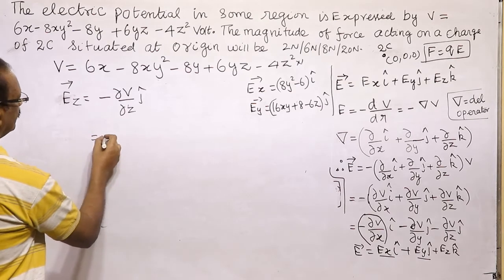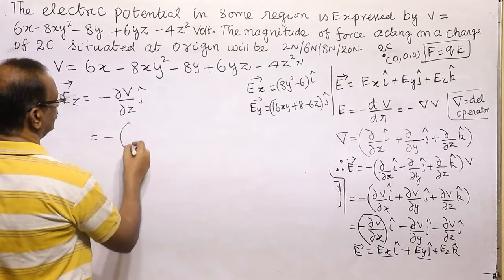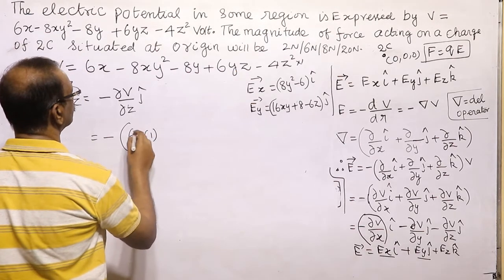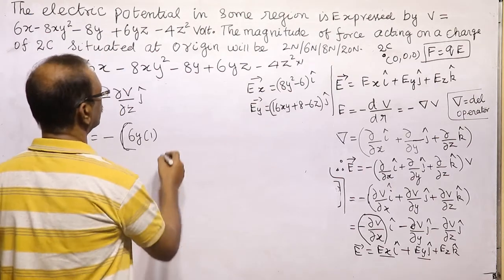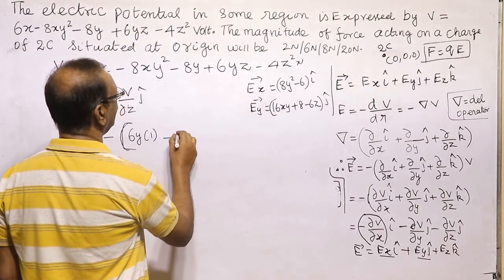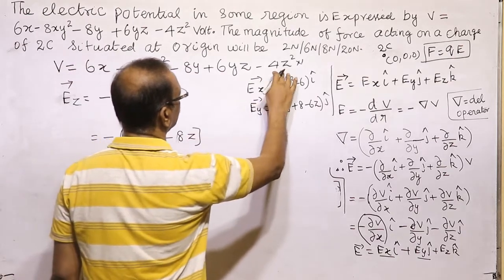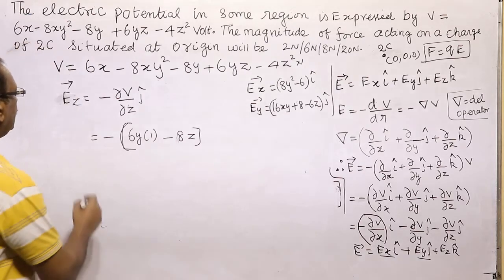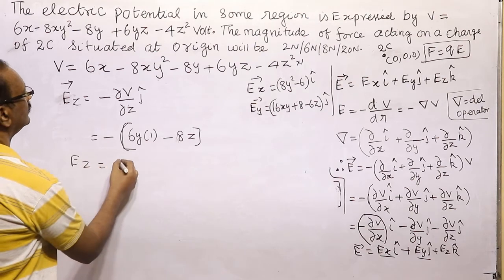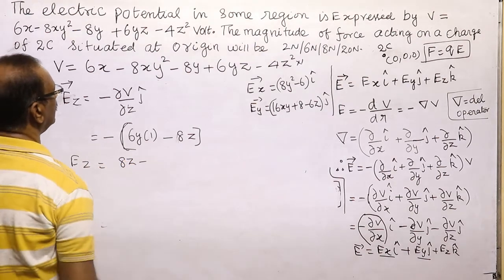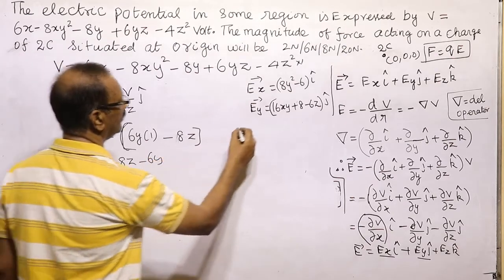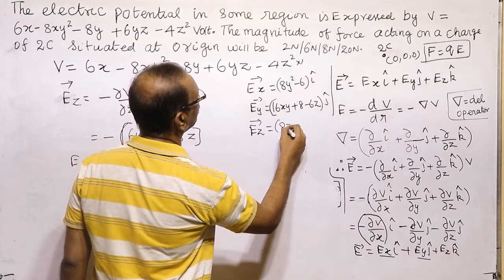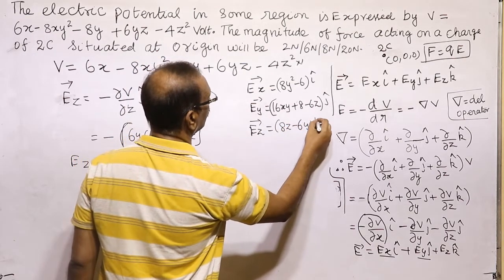So Ez is equal to minus the partial derivative of, taking 6y as constant, z is equal to 1. Now the partial derivative of 4z square with respect to z is 4 into 2, that is 8z. So Ez is equal to 8z minus 6y, and the Ez vector is equal to 8z minus 6y k cap.